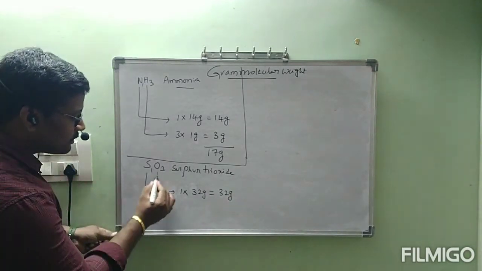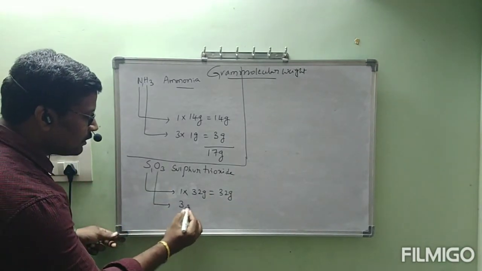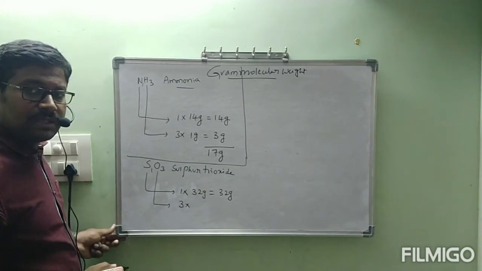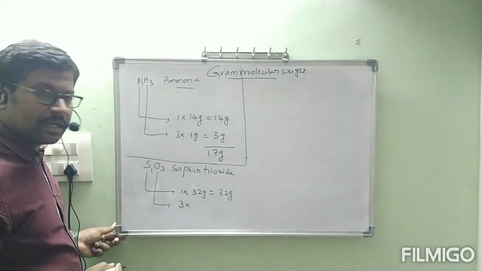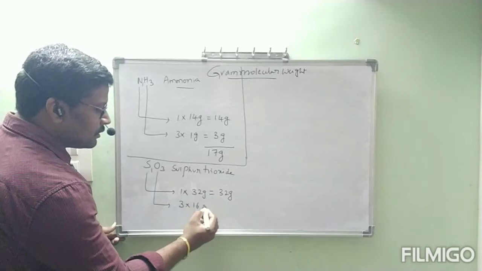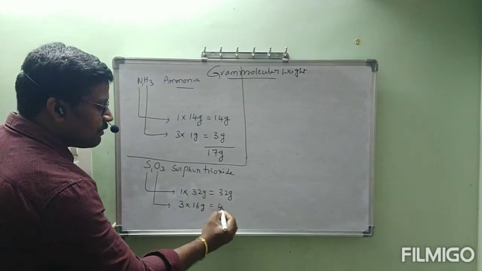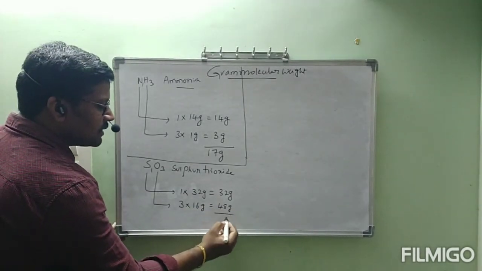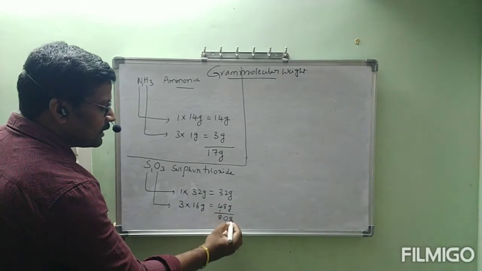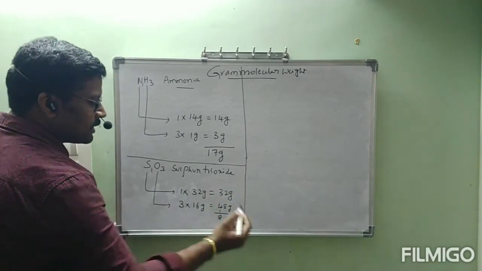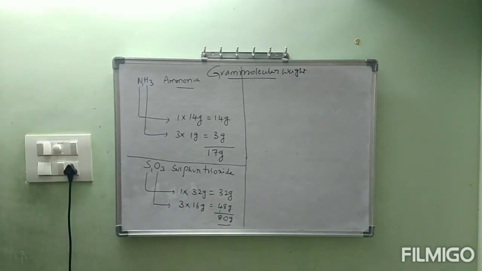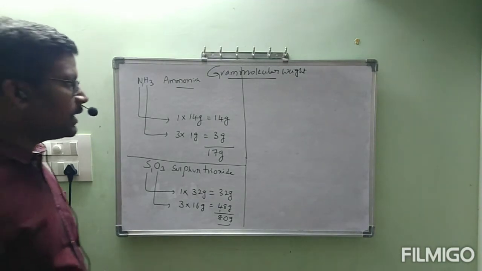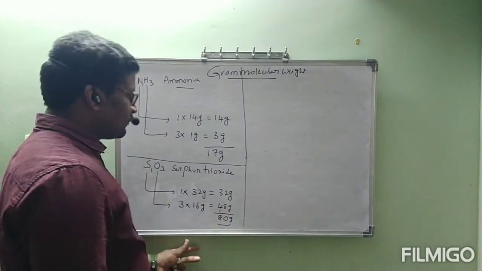Next, oxygen. How many are there? 3. 3 into, each oxygen gram atomic weight is 16 grams. 16 grams into 3 is equal to 48 grams. 48 plus 32, 80 grams. So what is the gram molecular weight of sulfur trioxide? Sulfur trioxide gram molecular weight is 80 grams. Note down. Okay, next. Third one.